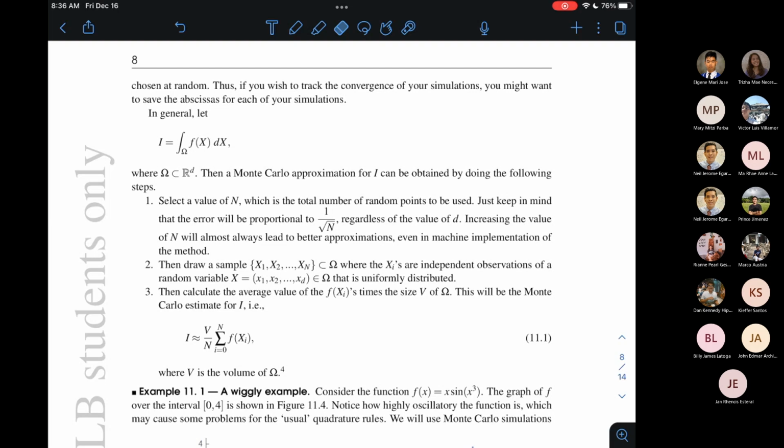Okay. But today, let's try to finish module number 11, which is about Monte Carlo simulation. And we said this is a non-deterministic, or in other words, a probabilistic way of estimating the integral, which banks on the central limit theorem or the law of large numbers, which essentially tells us that if you do an experiment a sufficient number of times, then you will get the average return, or the expected value of the experiment.